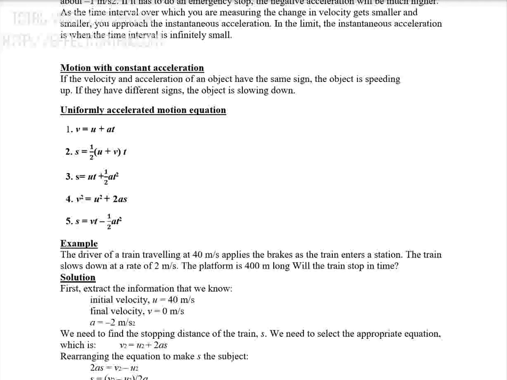The first one measures displacement s, the second one measures acceleration a, the third one measures the final velocity v, the fourth one measures the time t, and the fifth one measures the initial velocity u.